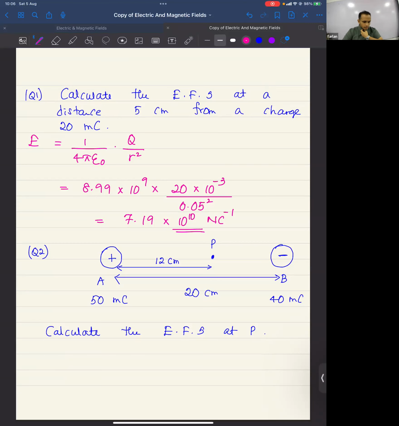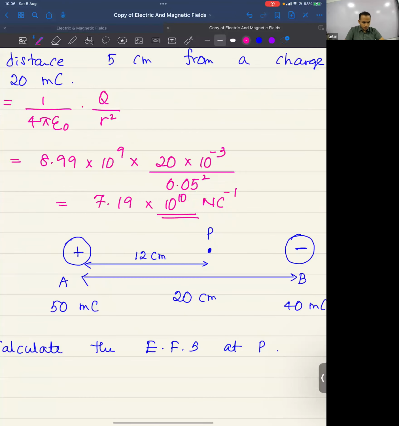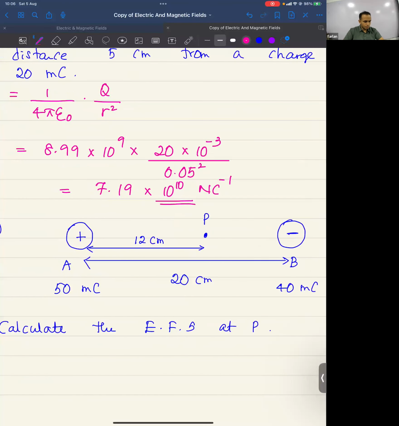All right. There's question 2. Draw this diagram. Okay, let me elaborate the diagram a bit. A is a positive charge, 50 millicoulombs. B is a negative charge, 40 millicoulombs. And the distance between A and B is 20 centimeters.